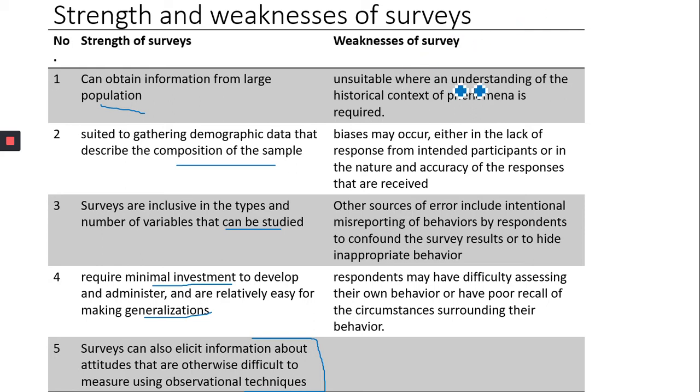But a weakness is that it is unsuitable where an understanding of the historical context of phenomena is required. You can't use surveys where a deep understanding of the past is needed. Biases may occur either in the lack of response from intended participants or in the nature and accuracy of the responses that are received. I can tell you, when it comes to survey, we basically rely on the respondents, on the community.